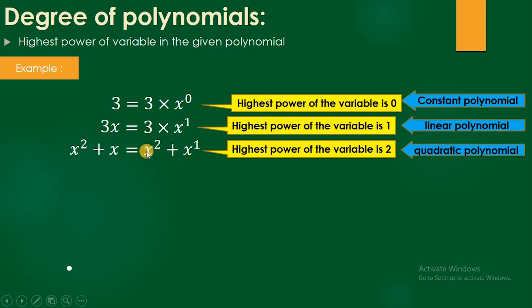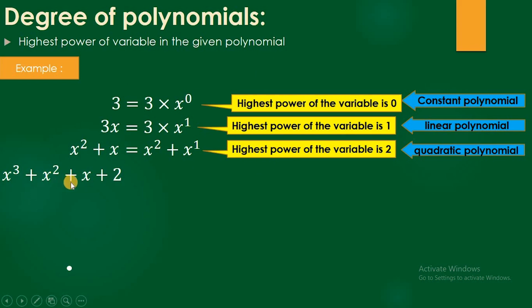There are 2 terms, therefore it is a binomial. If you name it according to the number of terms, then it is a binomial. And if you name it according to the degree of the polynomial, then it is called a quadratic polynomial.